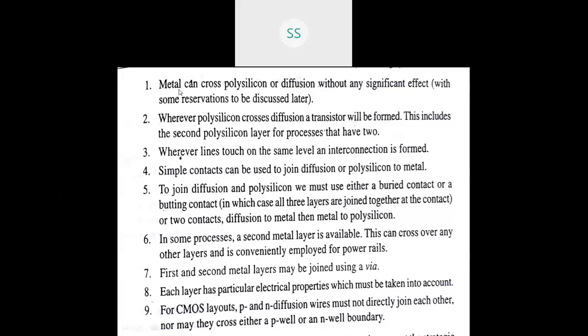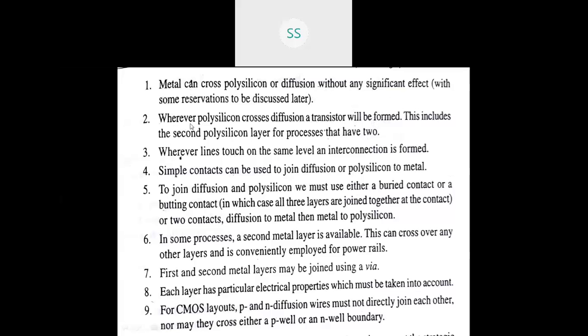The rule is that metal can cross polysilicon or diffusion without any significant effect. This should be taken care of.